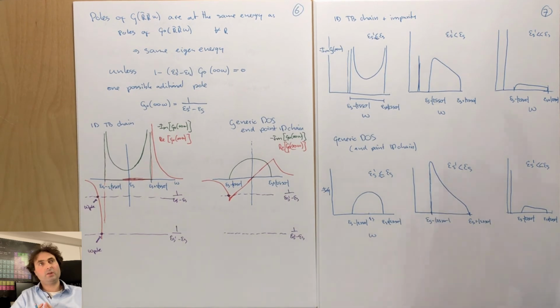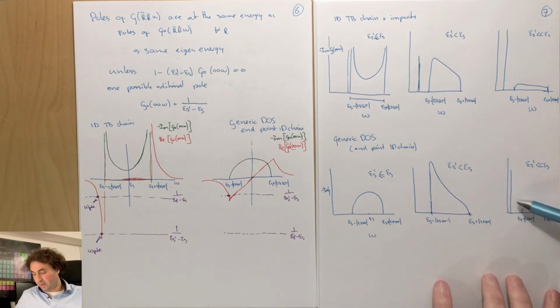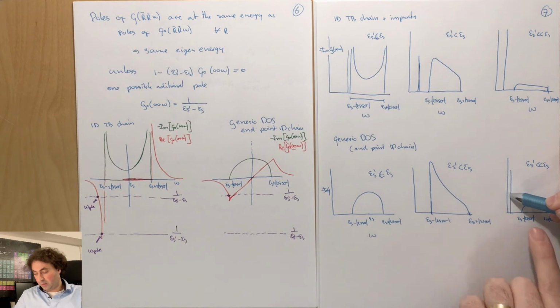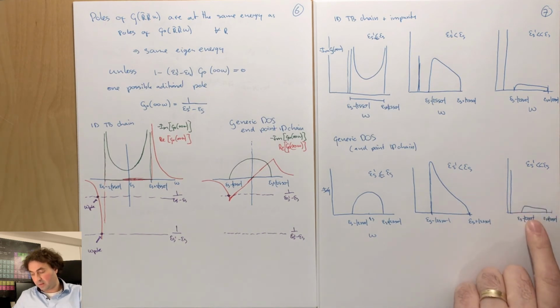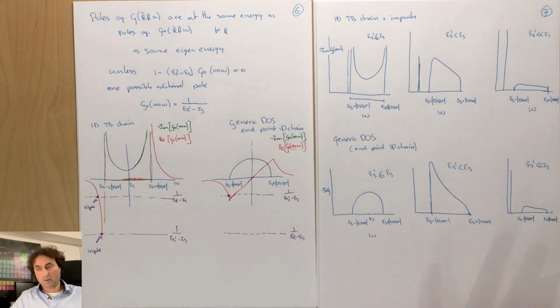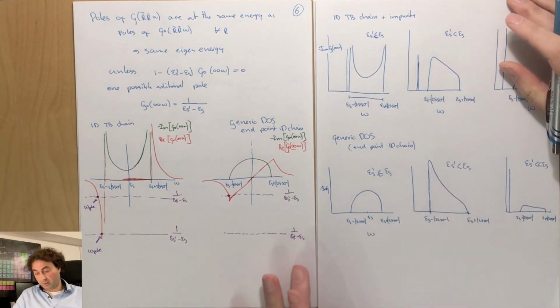For that you need to have very localized states in energy space. If we have densities of states like this, and I can make transitions from one state that is occupied to a state that is unoccupied, and these states are very well defined in energy, then I get very clear transitions in energy for my light, and therefore at very specific energies absorption, and therefore very specific colors in my system.